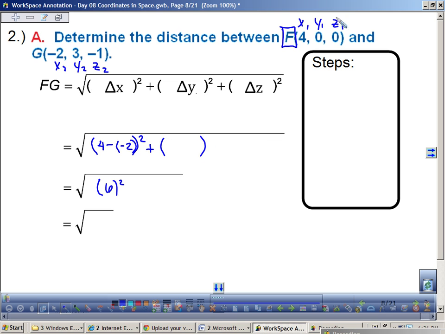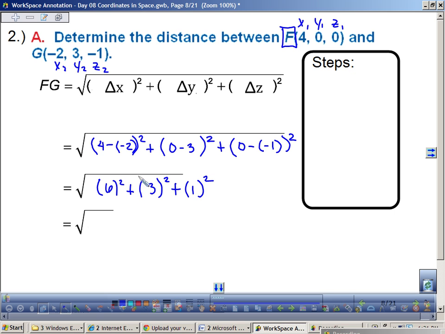Right? Do y. To go from 0 to 3. Right? Doesn't matter. The change is 3. And to go from z 1 to this z would be going from 0 to 1, which doesn't really matter because it's just a distance of 1.